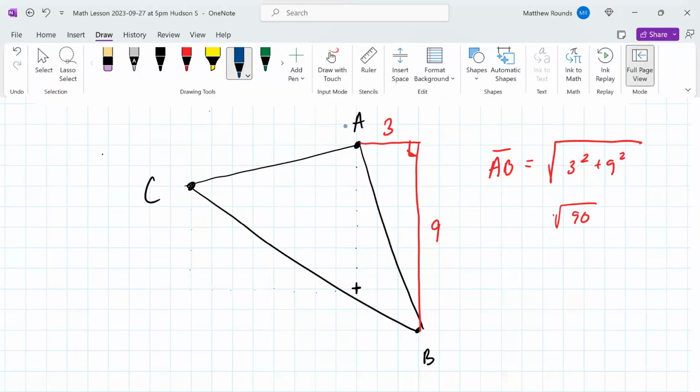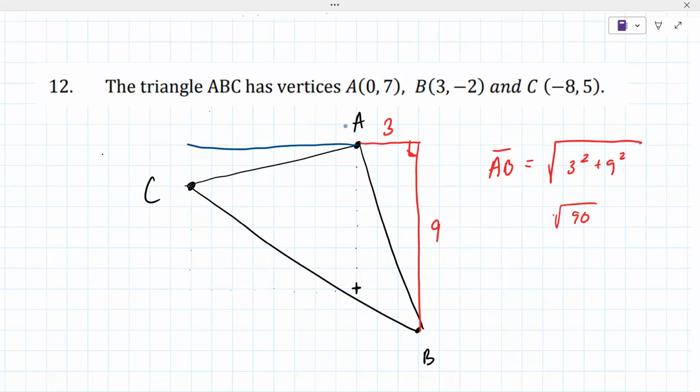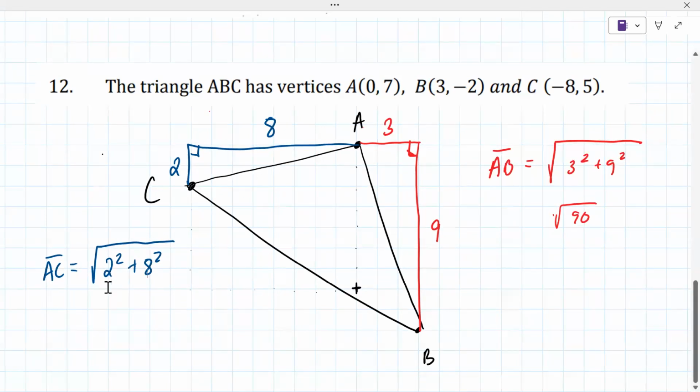All right, let's look at another right triangle here for AC. This is 2. Its other length is 8. They're always positive. So one of the advantages of doing triangles, Pythagorean theorem, is that it's always positive numbers. Can you tell me what this simplifies to, please?